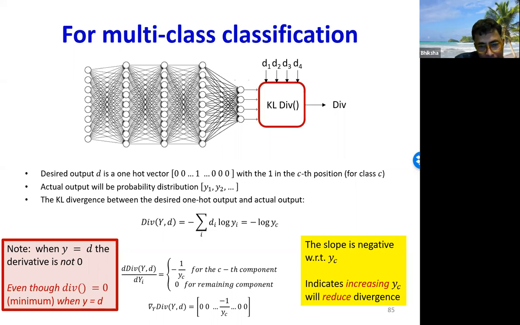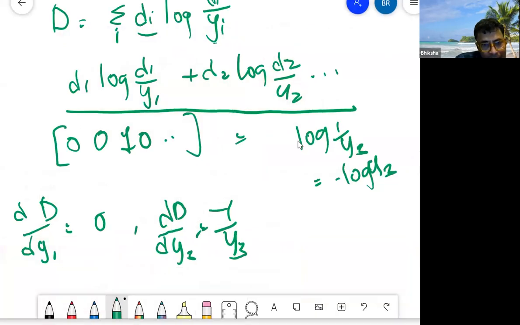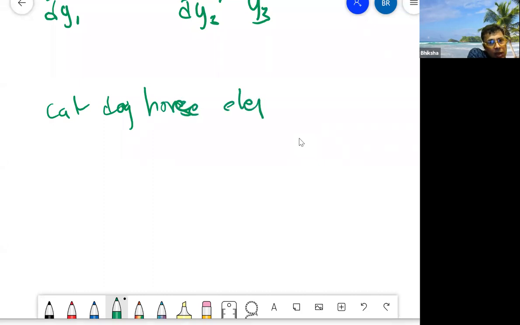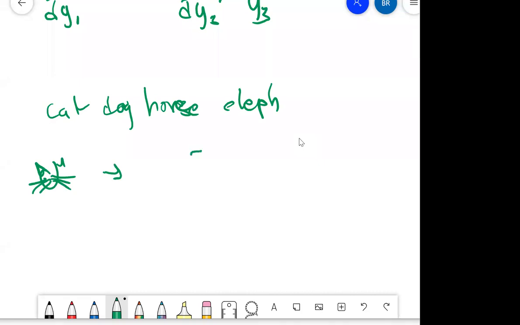So for example, let's say I'm trying to classify between cat, dog, horse, and maybe elephant. Then I give you a picture of a cat. What is the target output in this case? 1000. 1000, correct?